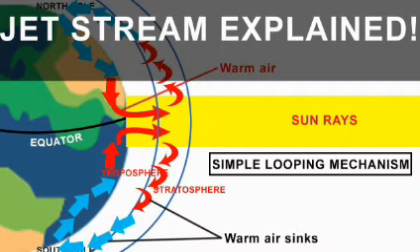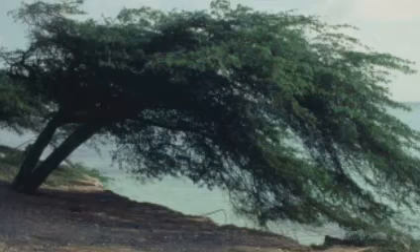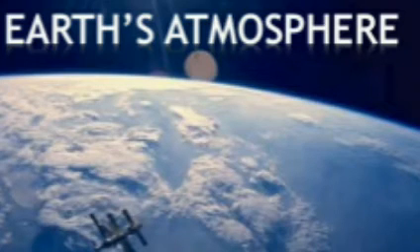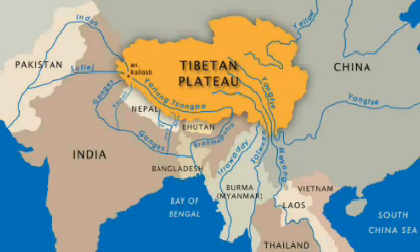Next, jet stream. Jet streams are the fast moving winds blowing in a narrow zone in the upper atmosphere. According to the jet stream theory, the onset of the southwest monsoon is driven by the shift of the subtropical westerly jet from the plains of India towards the Tibetan plateau.